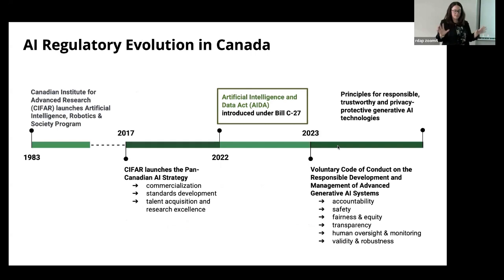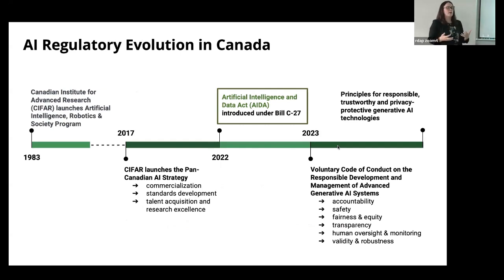So this is a visual timeline. I'd be remiss not to mention that Canada has been very much engaged and at the forefront of AI and innovation for a number of decades. Going back to 1983, we had our Institute for Advanced Research, or CIFAR, launching the AI Robotics and Society program.